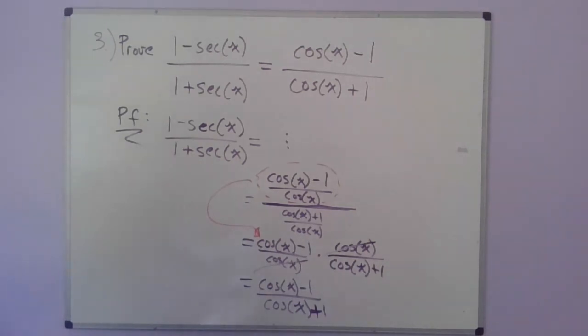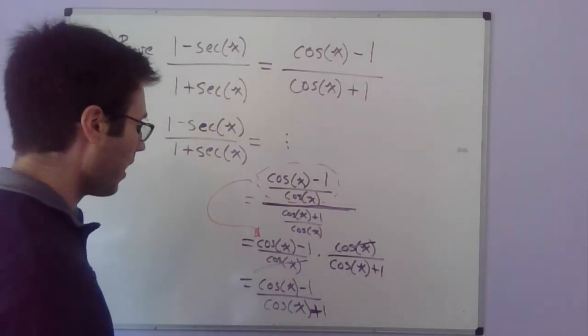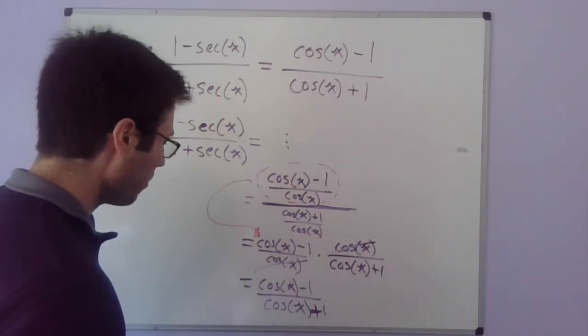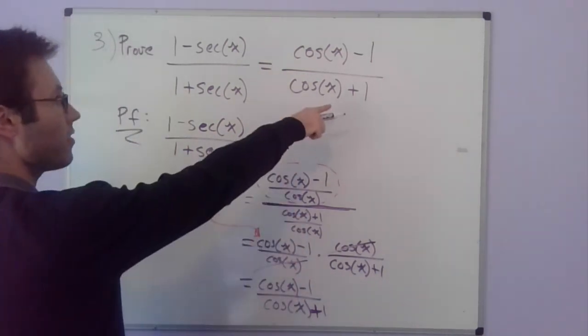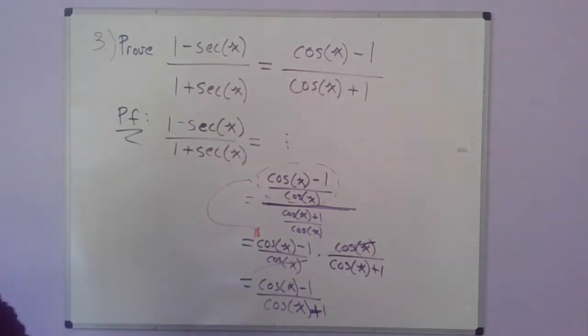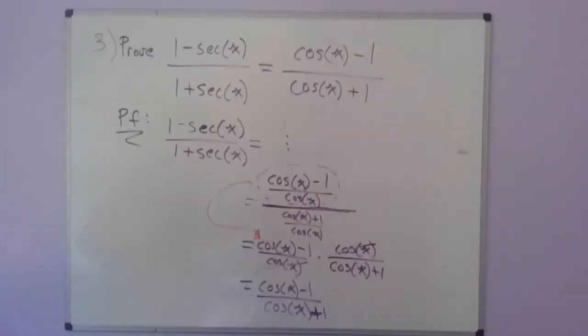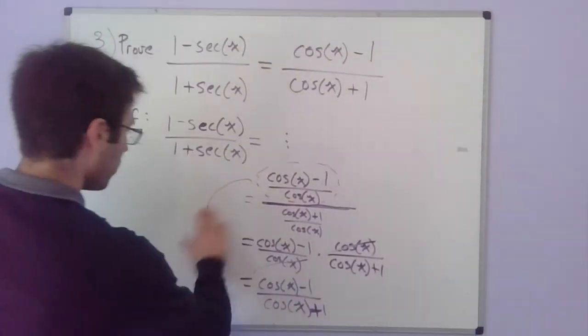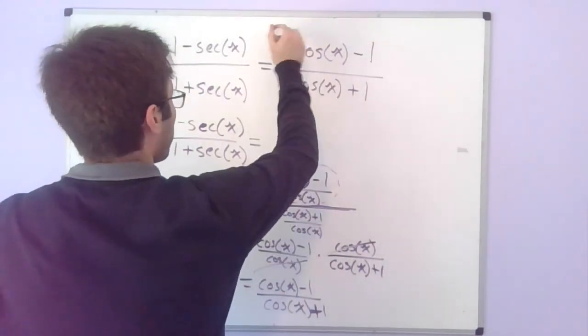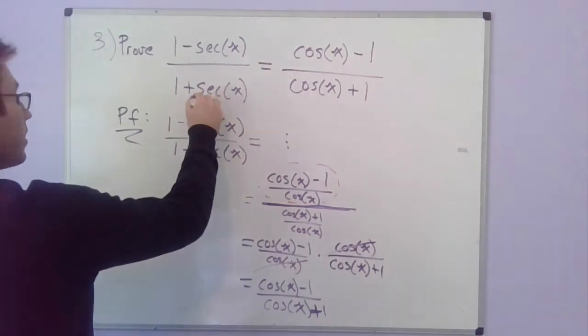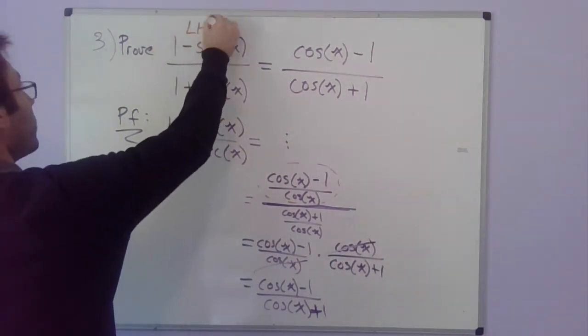All right, at this point I'm like, well, what else? Can we simplify it anymore? What were we trying to prove? Oh, we were trying to prove that. So I look up top. I noticed that this is exactly what I was trying to prove. I was trying to show this left-hand side right here. This is my left-hand side.